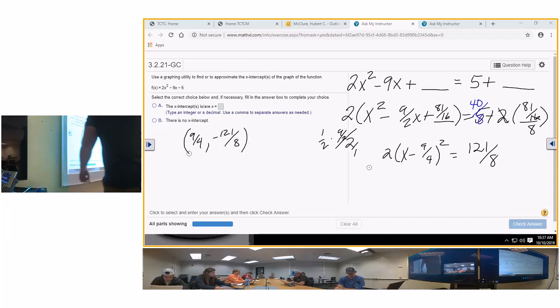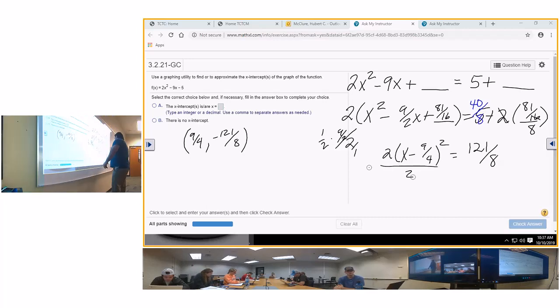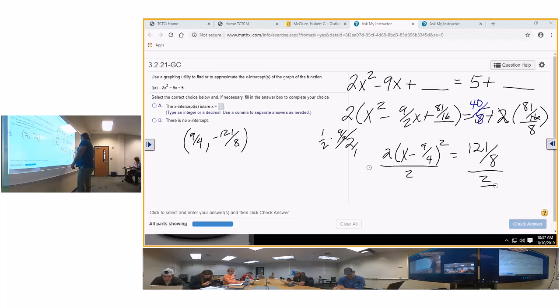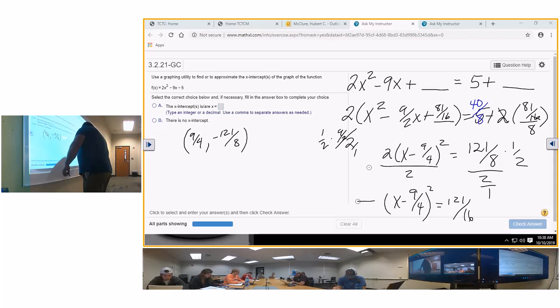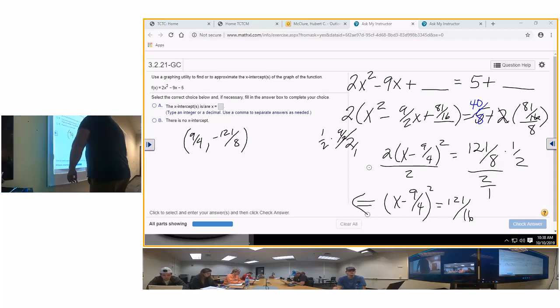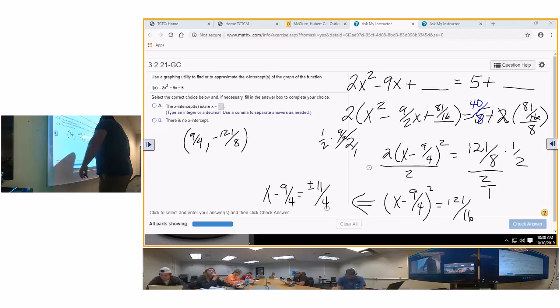That's your vertex. Now I'm going to divide by 2, multiply by 1/2. I get x minus 9/4, quantity squared, is equal to 121 over 16. X minus 9/4 is equal to positive or negative 11 over 4.